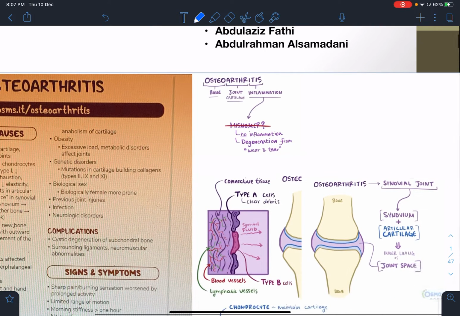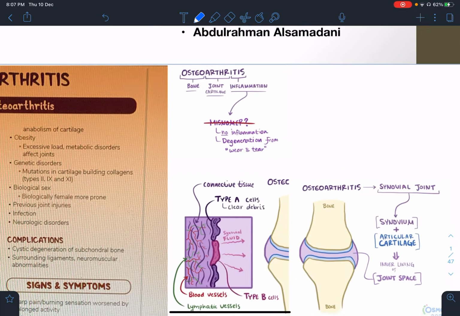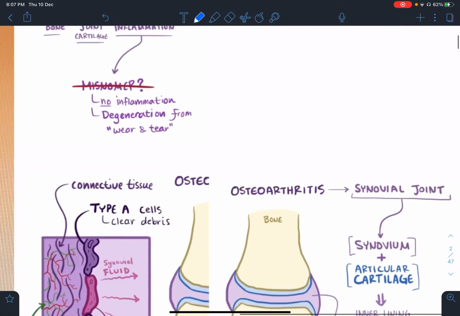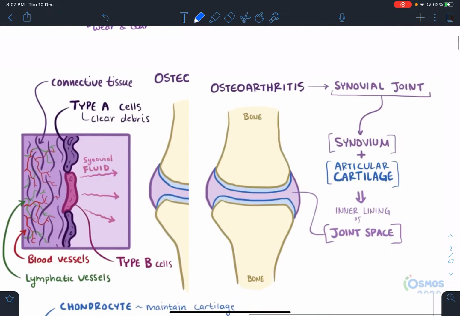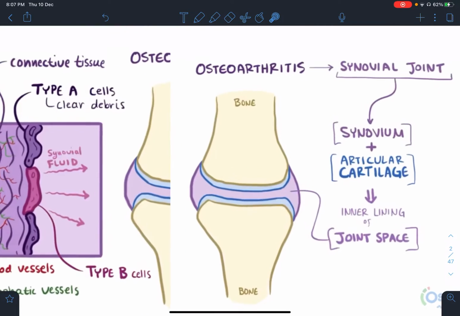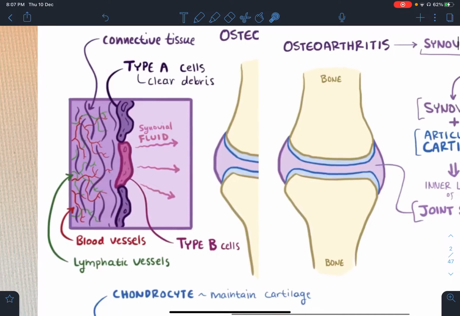So before we talk about the pathophysiology, let's talk about the normal physiology of a normal joint. Here we have two bones in a synovial joint. The synovial joint is made up of a synovium colored in purple and the articular cartilage colored in blue. In the synovium, you'll have two types of cells.